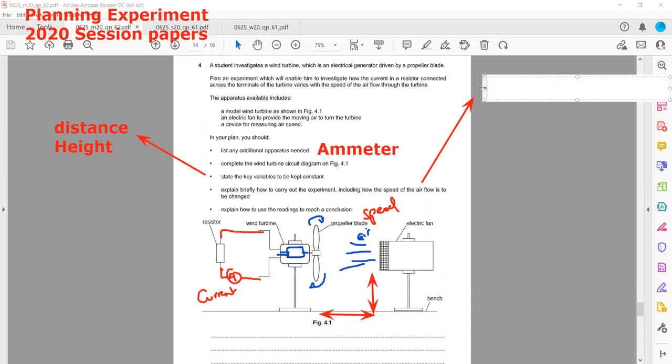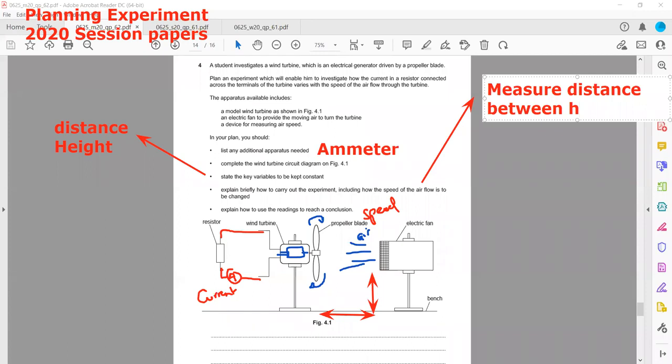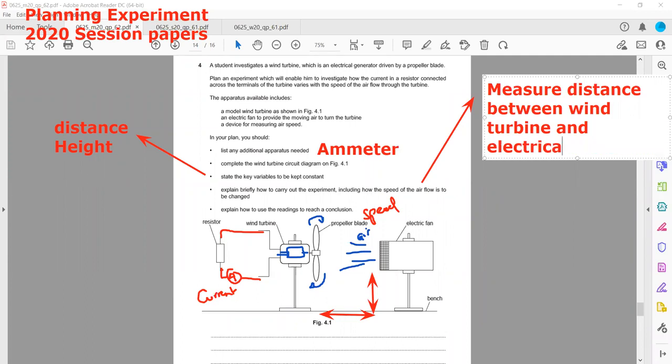So first, we will measure the distance and height, or measure the distance between the wind turbine and the electric fan, because we want to keep them constant. Then we will switch on the fan.